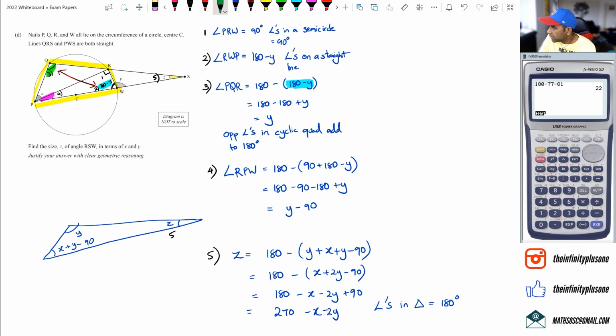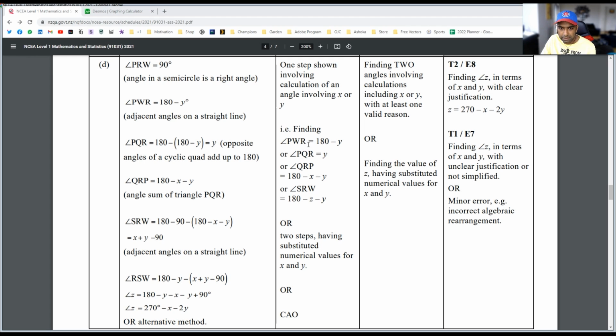Looking at the answer schedule, I'm just going to go to it because it's easier to show. Achieved could be any one of these things. One step shown involving calculation involving X or Y. So you have to have X or Y in one of your answers to get an achieved.